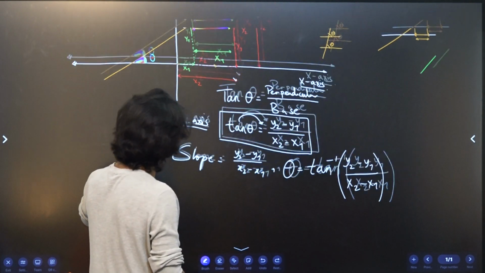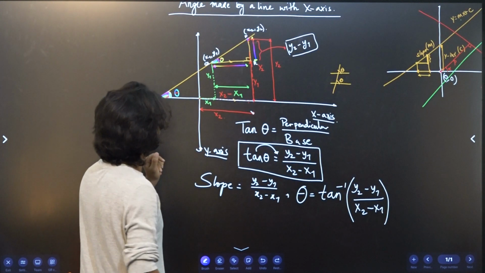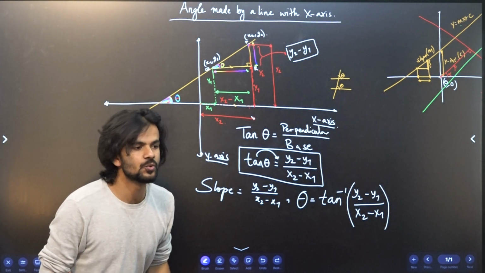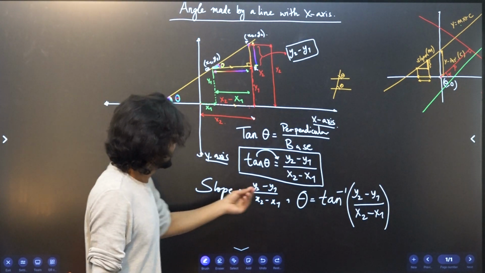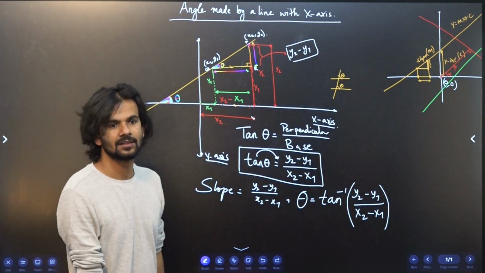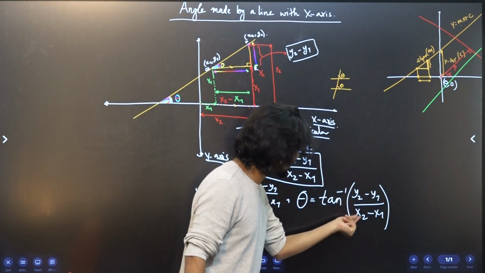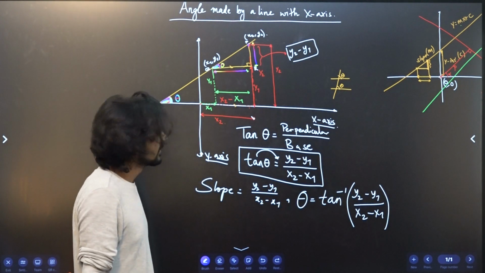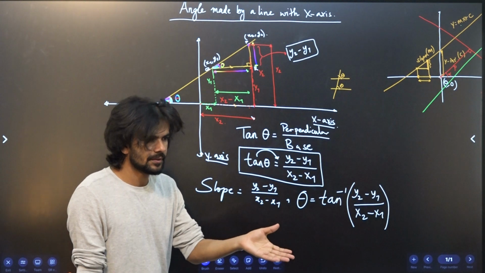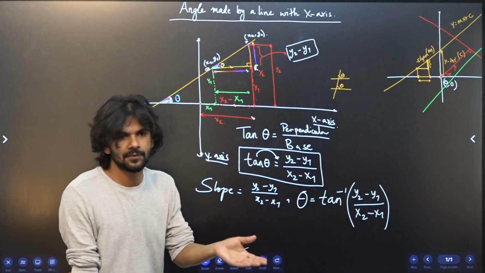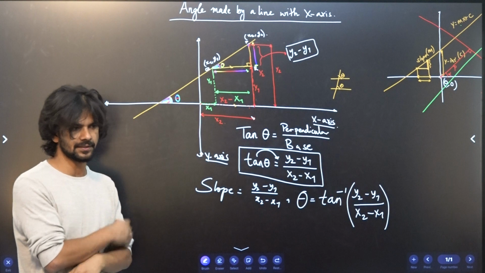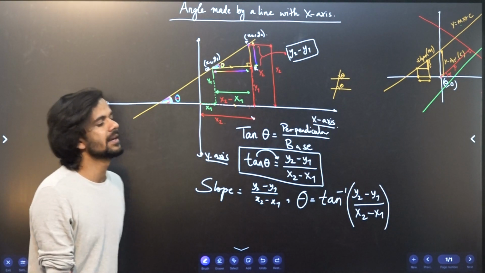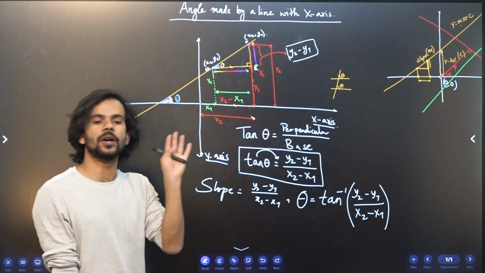So the interesting thing is that if you know 2 points of a line, you can immediately find the angle that it makes. All you need is y2, y1, x2, x1, and then you subtract. So given a line, if someone asks you to find the angle that it makes, the first thing you demand is 2 points.